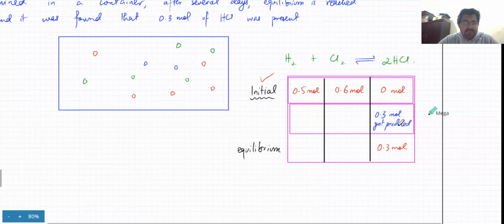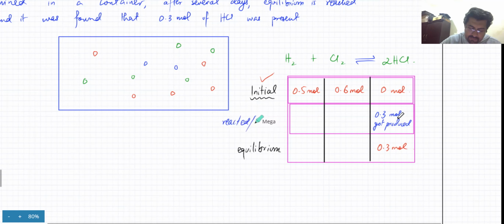And exactly how much? 0.3 moles got produced. Now this middle column is going to be the reaction. It's going to state what is getting reacted and what is getting produced. I've already stated what's getting produced, which is 0.3 moles of HCl, right?